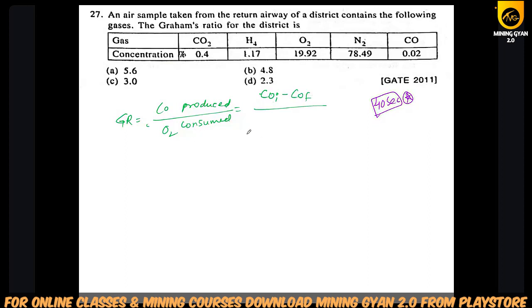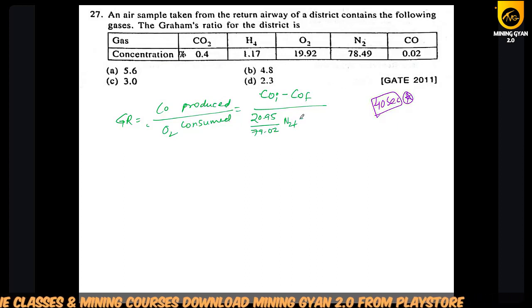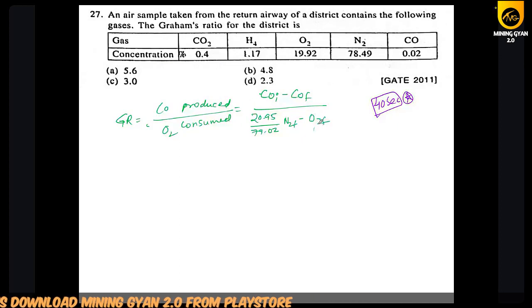For the O2 consumed, we have seen another formula: 20.95 divided by 79.02 times N2 final minus O2 final, minus O2 initial.